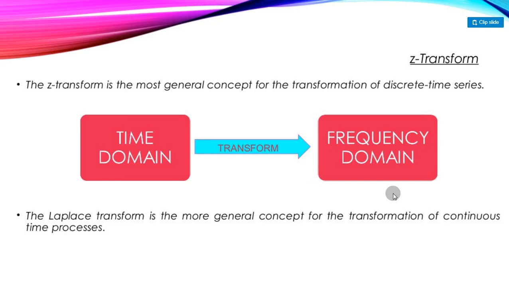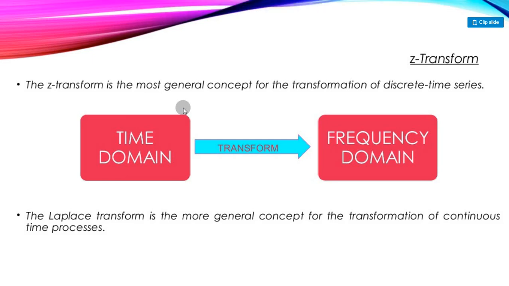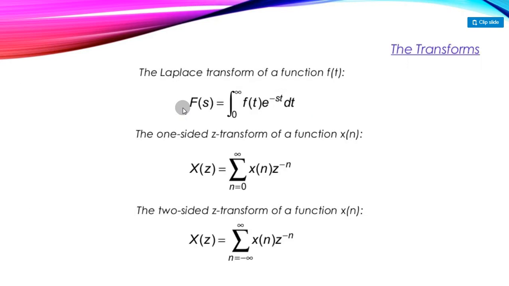The Laplace transform is the most general concept for the transformation of continuous time processes. So there is a basic difference between the Laplace transform and the Z transform. The Z transform is used to convert a signal from time domain to frequency domain, but it is applicable for discrete time systems, and the Laplace transform is a general concept used for continuous time signals. Okay, so let's proceed with the next slide.